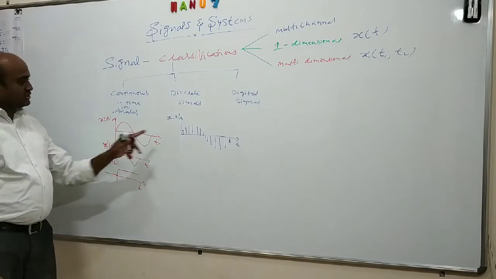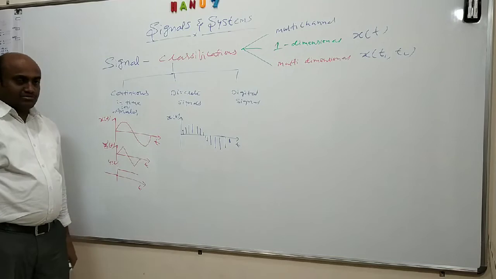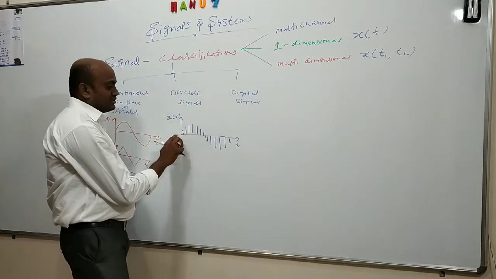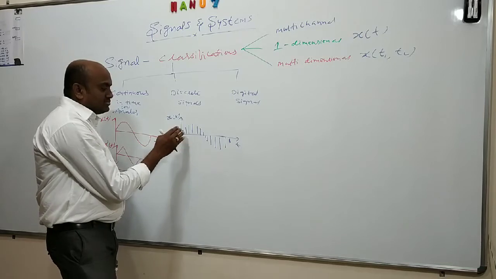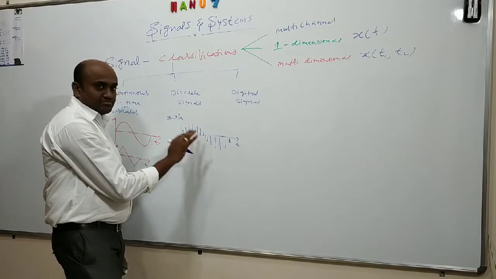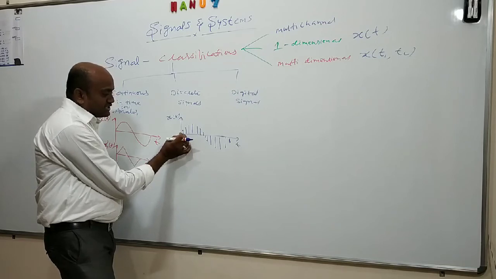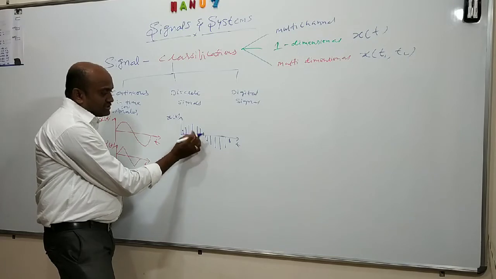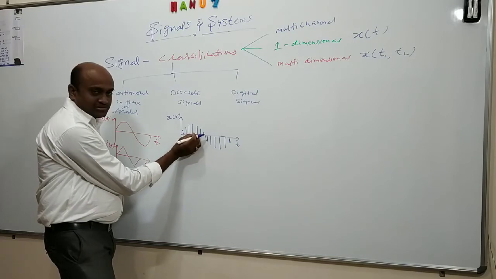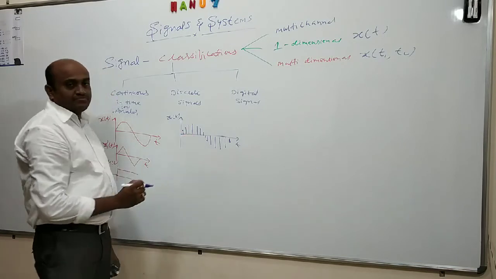You observe it is not defined for every value of time, but only for certain values of time. It is not regular. It is defined at some intervals of time. But you observe here, these intervals are regular. The width between this and this, this and this, all are the same. Of course, while drawing some extra space came here, but the width between these samples is uniform.